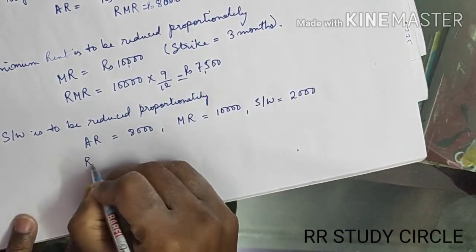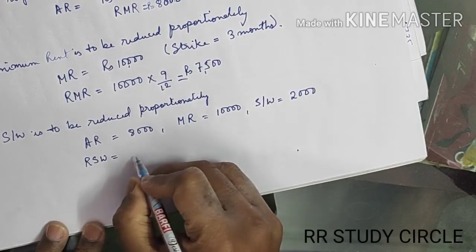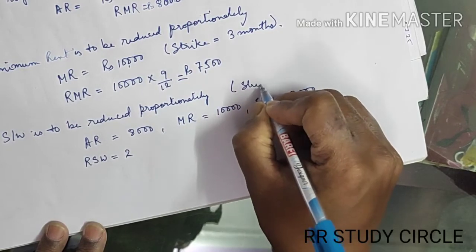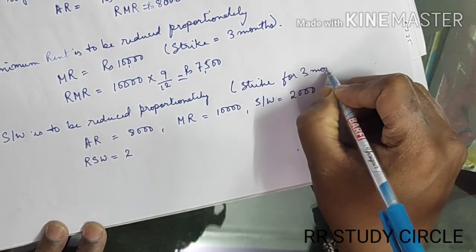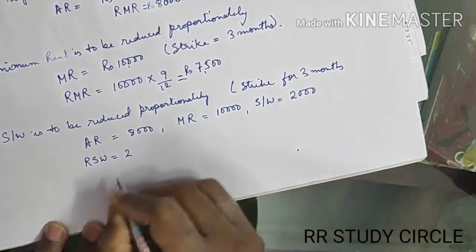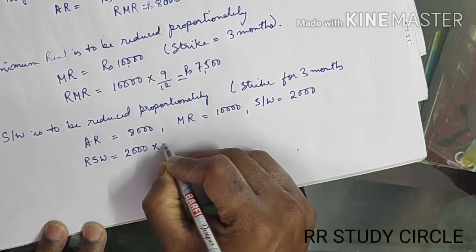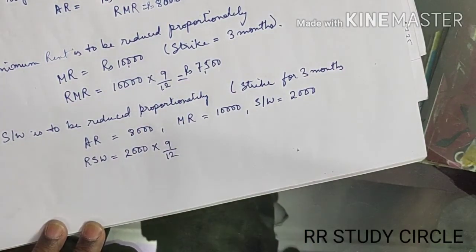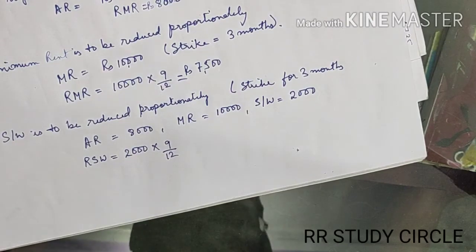First we will have to find out the reduced short working. I am taking again the case of strike for 3 months. The reduced short working is 2,000 into 9 by 12, because the work has taken place for 9 months.